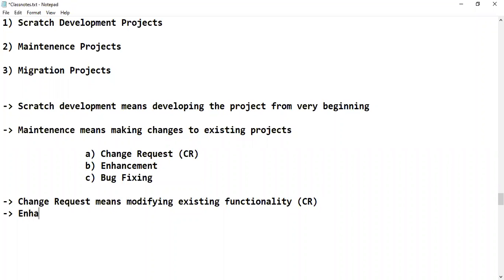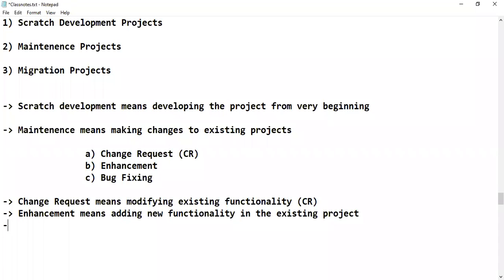Enhancement means adding new functionality in the existing project. Bug fixing means fixing the exceptions, resolving the exceptions occurring in the project.